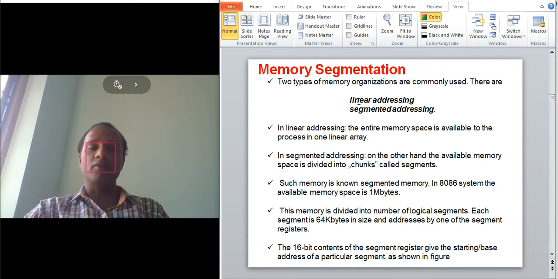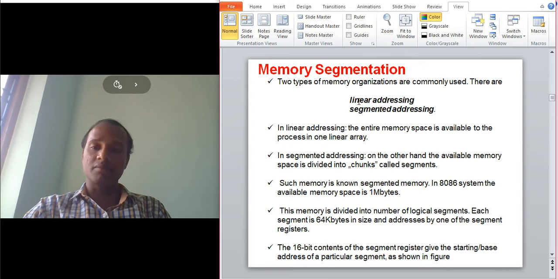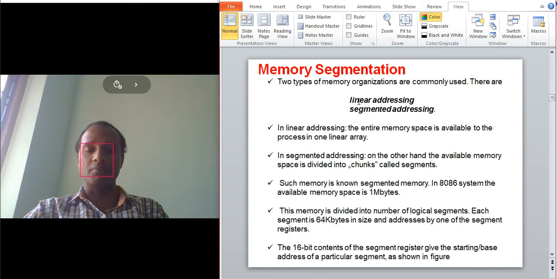In the segmented memory of 8086, we have the data segment, extra segment, stack segment and code segment, and these segments can be used by the programmer. Apart from these, there are other segments used for different purposes, such as manufacturing purposes and general storage.